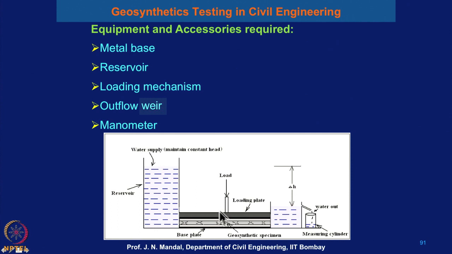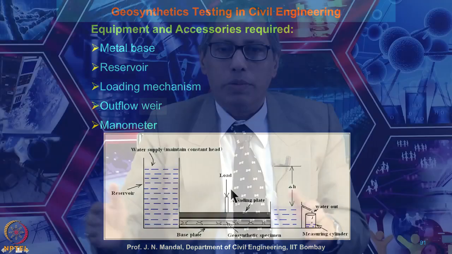You have to perform the test under different loadings. It may be 50 kilonewton, 100 kilonewton, 250, 300, 350, 400, or 500, 600, 700, 800, and then you can correlate the quantity of water passed with the load.